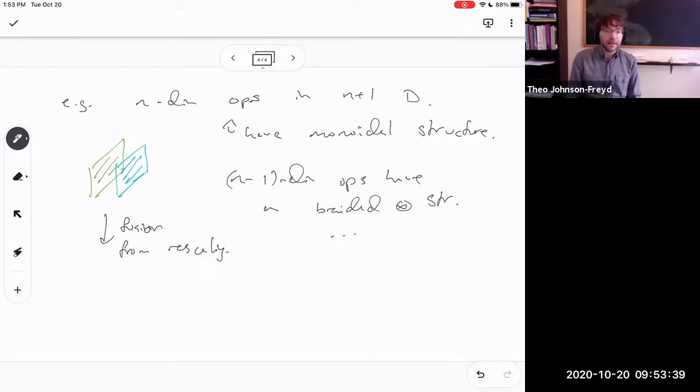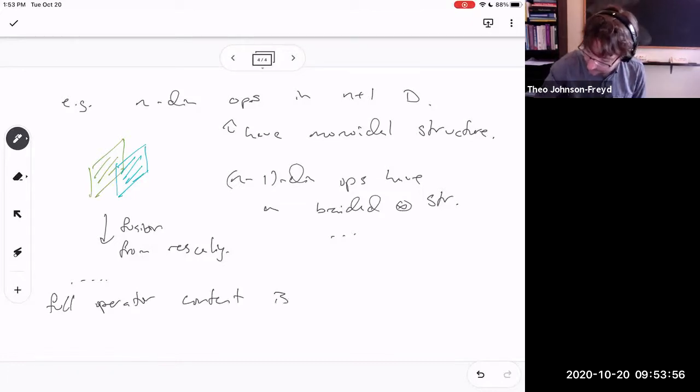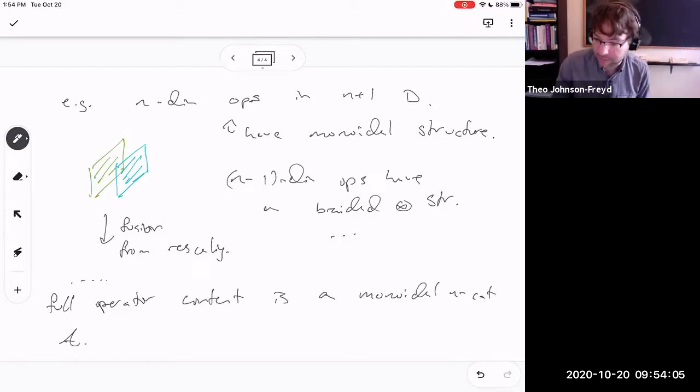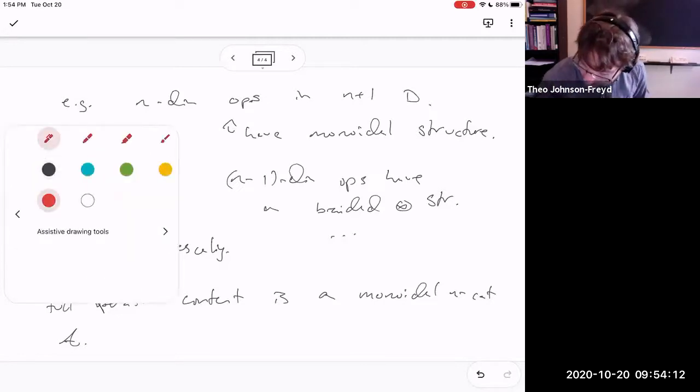And so at the end of the day, what you find from analyzing this is that the full operator content is a monoidal n-category. Maybe I'll call it A, of all possible n-dimensional operators. The n-1 dimensional operators, what is an n-1 dimensional operator?